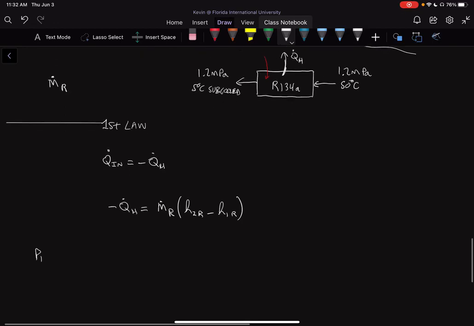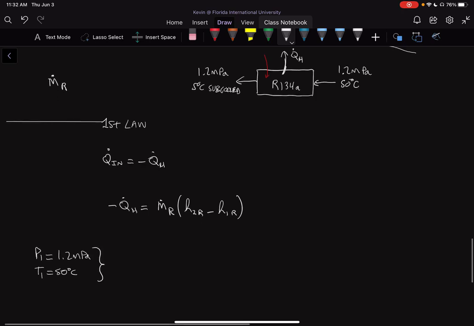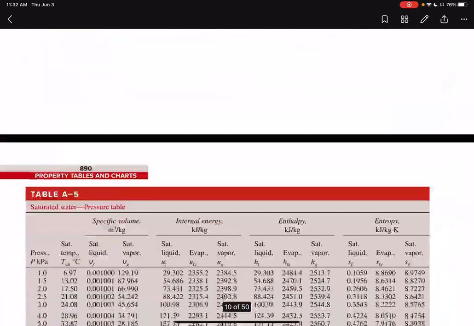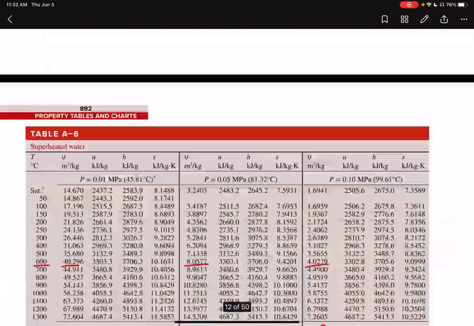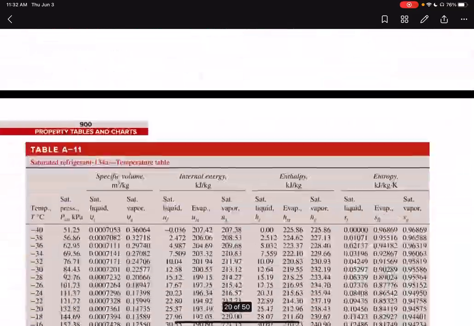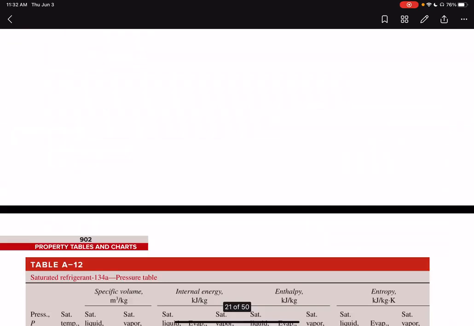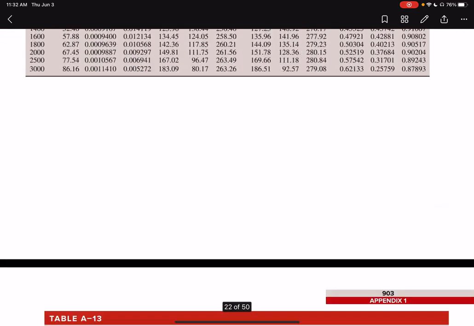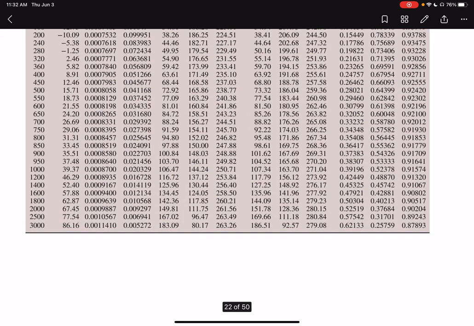So for R1, we have P1, T1. So we have 50 degrees for 1.2 megapascals. We can go to our R134A tables to figure out our h1. So let's go to our tables. If we go to table A12, which is our pressure table for R134A, we would then go to 1.2 megapascals.